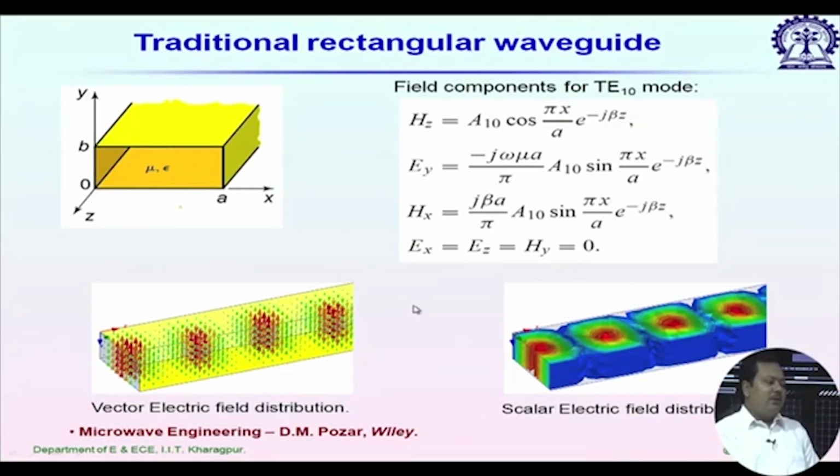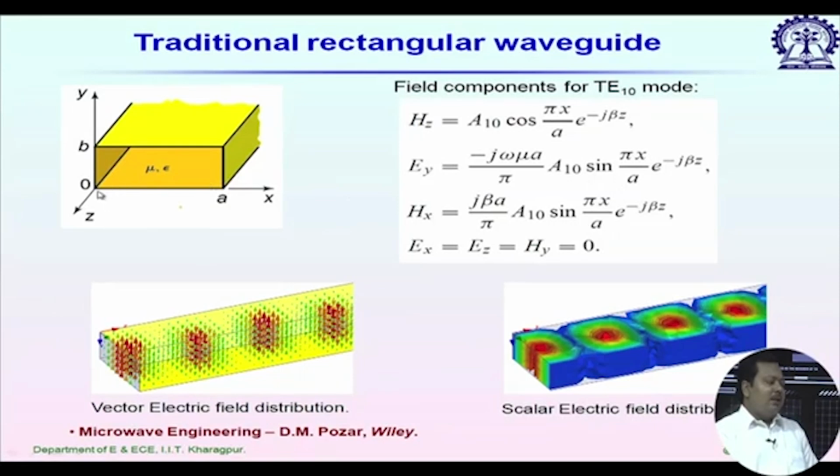Now, let us consider the fundamental TE10 mode. For this one, if the wave propagates in the z direction, then by definition Ez is equal to 0, and if we solve for the other field components, we can show that we do not have any Ex component, we have only the Ey field component, and the variation of Ey can be given by this sinusoidal relationship.